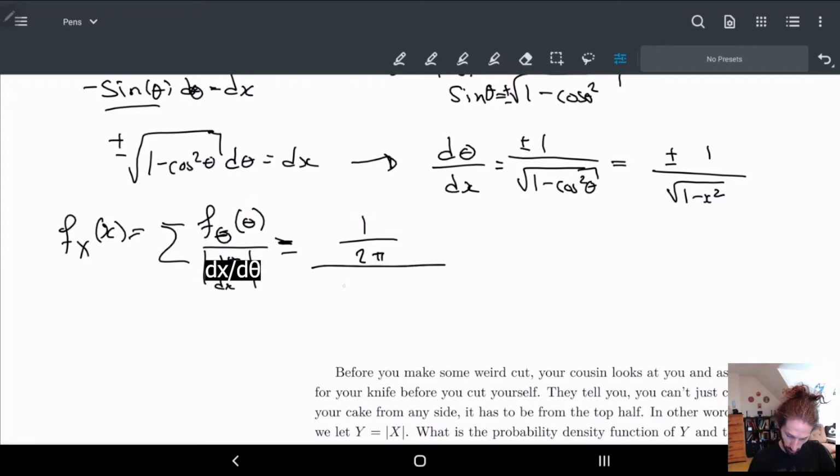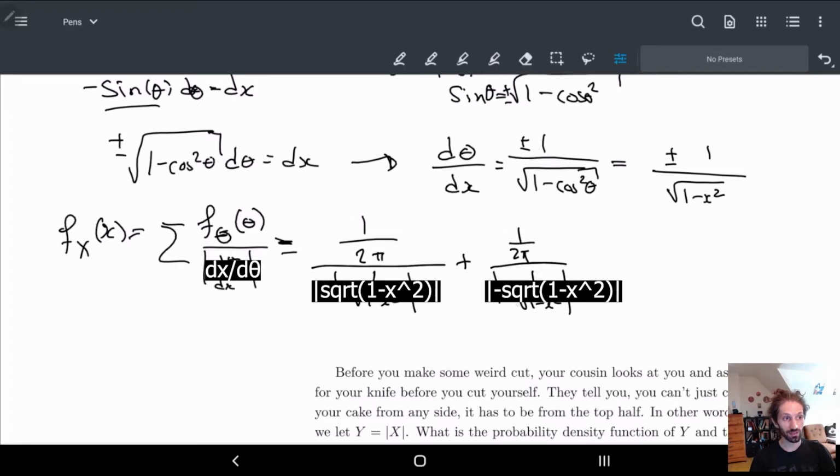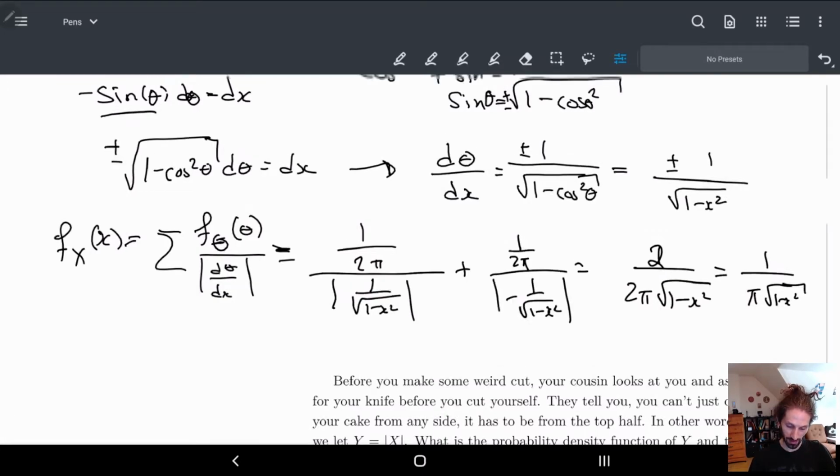So here we would do the absolute value of 1 over the square root of 1 minus x squared. And then we would add the other one, 1 over 2 pi times minus 1 over the square root of 1 minus x squared. These two become positive, and we can add these together. So we have 1 over 2 pi, we have two of these, so 2 over the square root of 1 minus x squared. So we just get 1 over pi times the square root of 1 minus x squared. Easy. So this is where our probability density is coming from.